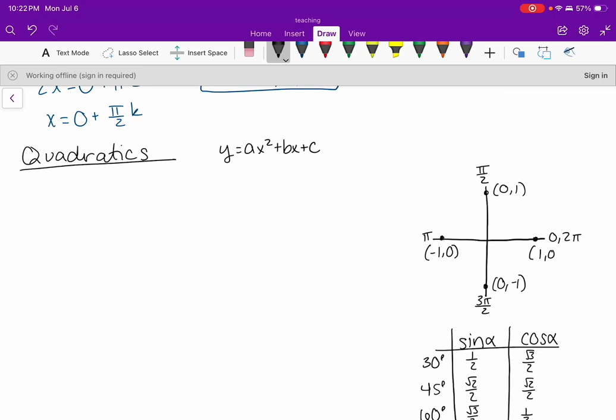And so there's a lot of different types of problems you can see with quadratics. There's different ways to solve quadratics in algebra. So in algebra, the different ways are you've got square root property, where you can square root both sides. You've got factoring, and factoring can be a lot of things. It just depends on what it looks like.